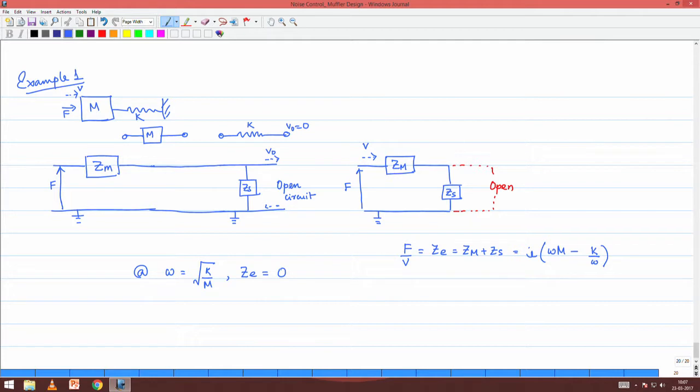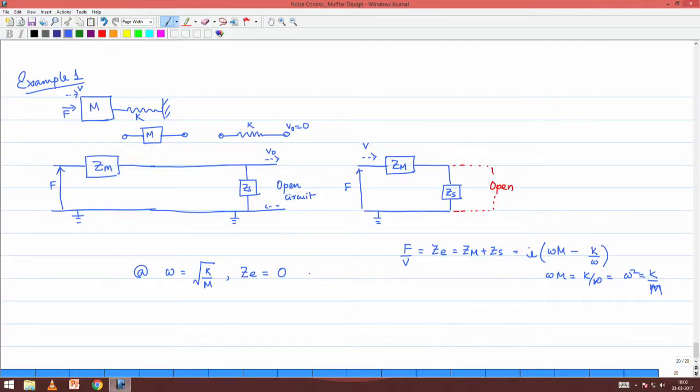So, the impedance of this circuit is going to 0 at this condition, which basically has been obtained by setting omega m equals k by omega, and that in turn would mean omega square is k by m, right. So, at this frequency omega equals square root k by m, we see that the impedance of the equivalent electrical circuit is going to 0. So, that means it is virtually short circuited, right.